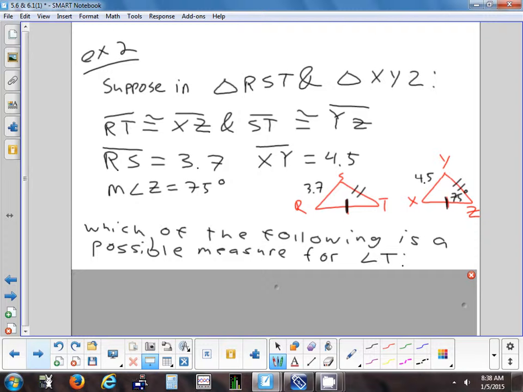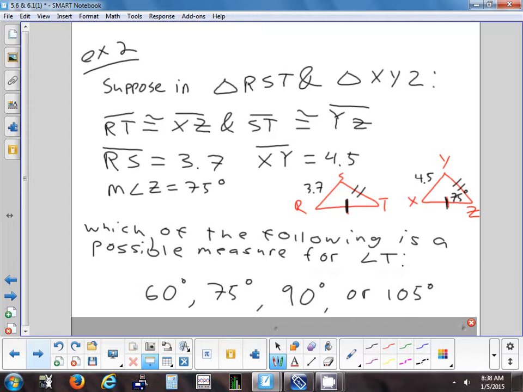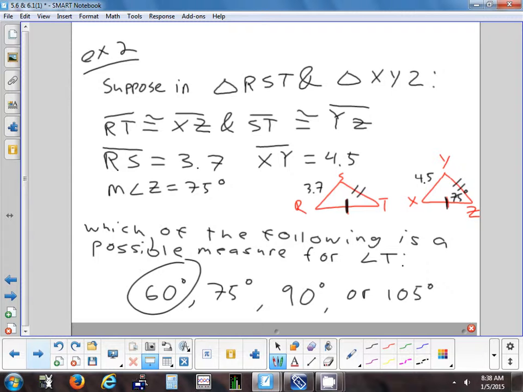Look at the hinge. RS is shorter. The hinge is open less at T than it is at Z. 3.7 versus 4.5, so T's got to be smaller than 75. So the only choice there that makes sense? 60.